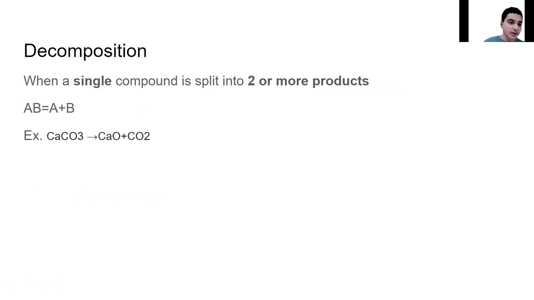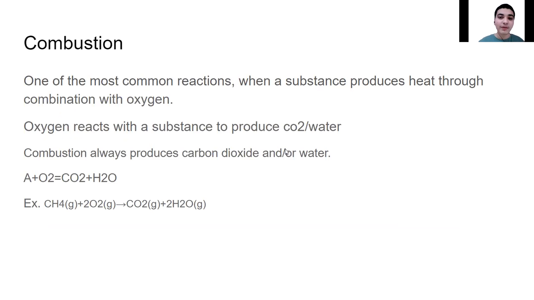So here's the general structure: AB equals A plus B. Here's an example: calcium carbonate equals calcium oxide plus carbon dioxide. It doesn't matter how it reacts within, but in the end, we have two or more products and one single reactant.